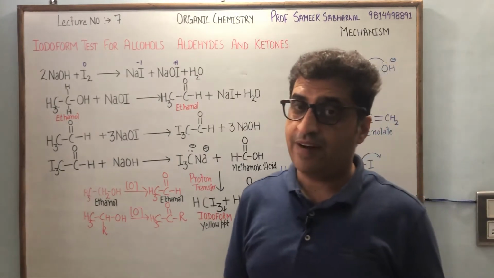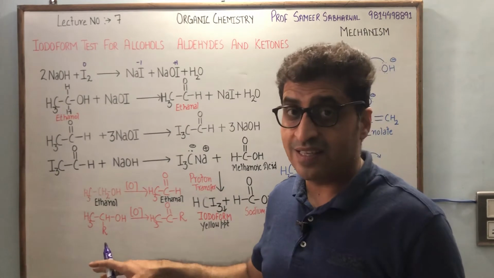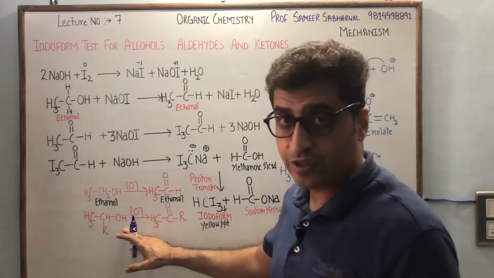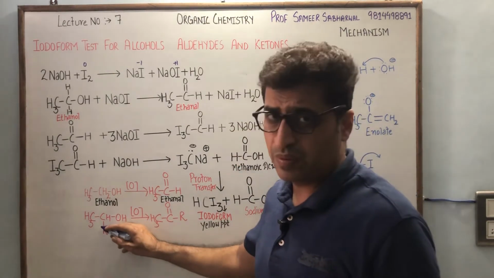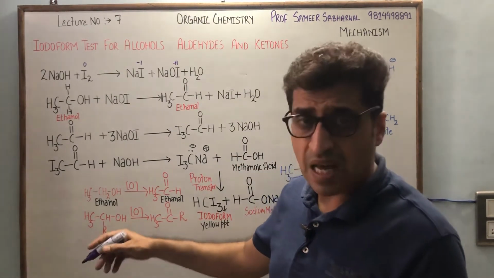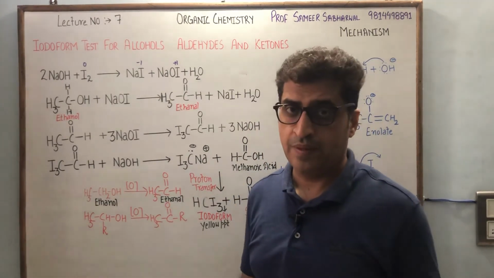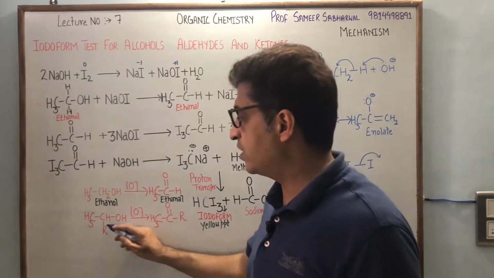And if I take a secondary alcohol, I have written it as CH3CHROH. You can take any group R, that may be methyl, ethyl, propyl, even phenyl, any group. So the main requirement is it should possess the CH3CHOH part.